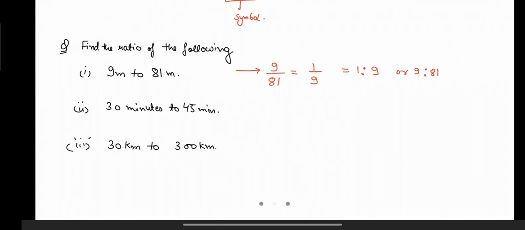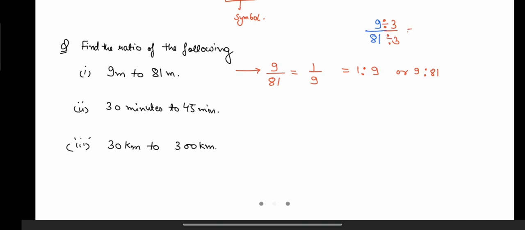This same thing can also be written in one more form. This is just an extra thing which is not required, but it might be useful. 9 is a multiple of 3 and 81 is also a multiple of 3, so I can divide both of them by 3, because 3 is a factor of both.